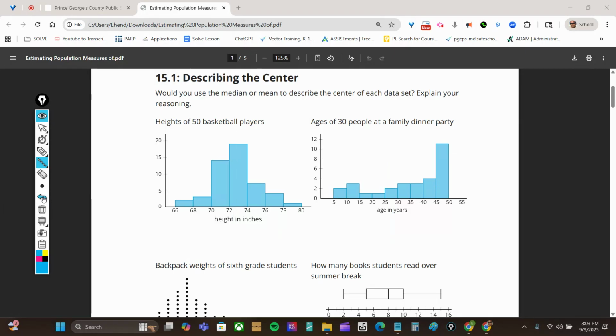So when we're looking at measures of central tendency, the median and the mean, usually the mean is good for symmetrical data. Symmetric, let's just say symmetric, and that's an M right there.